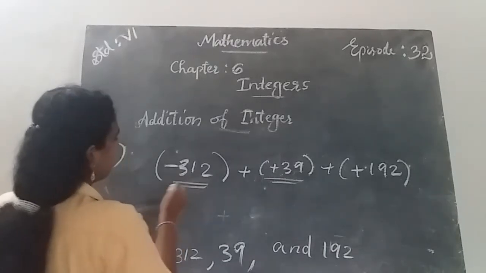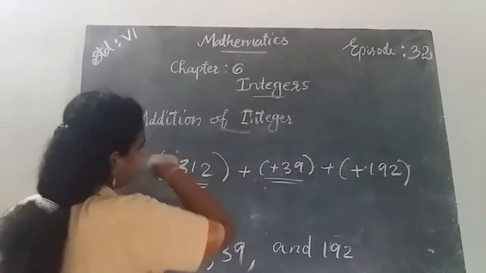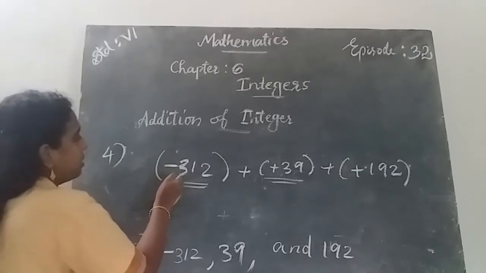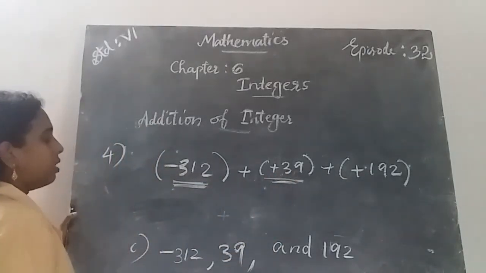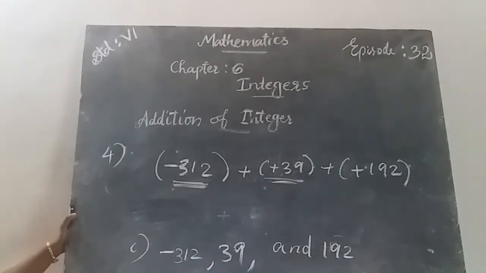So negative 312 plus 39. This is a negative integer and this is a positive integer. So if we add a negative integer and a positive integer, we subtract the numbers and take the sign of the greatest number.